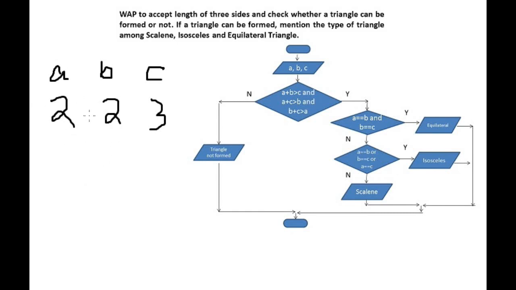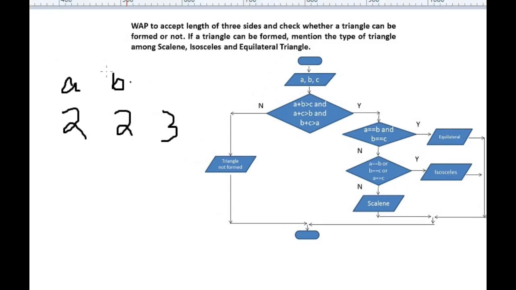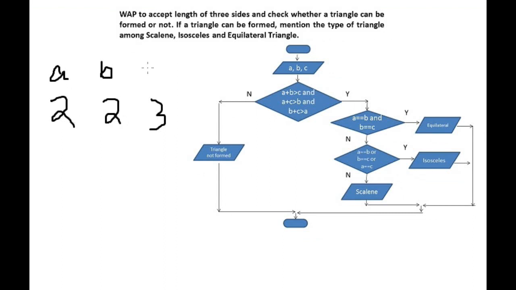Now let us consider another aspect. The other aspect of this is, say I'm now making it 12, 22 and 33.